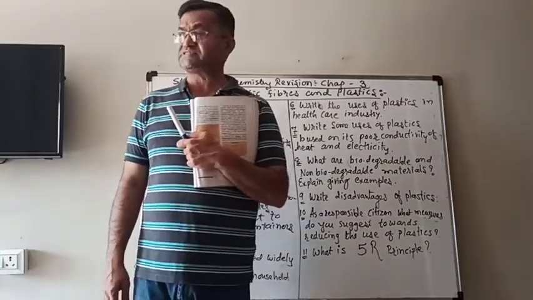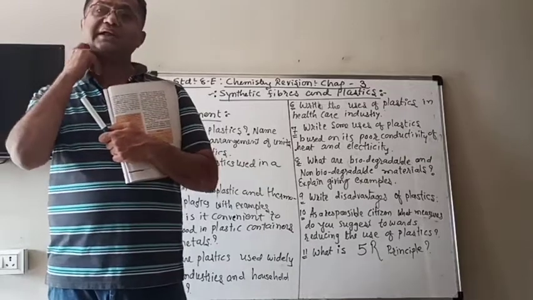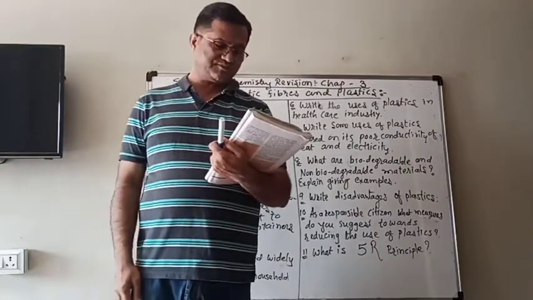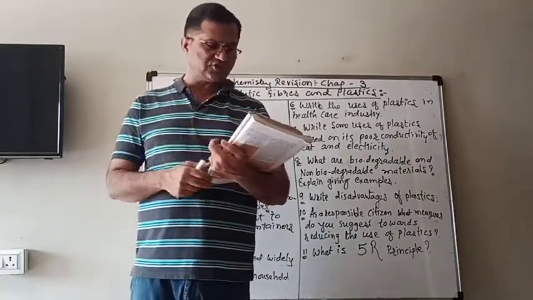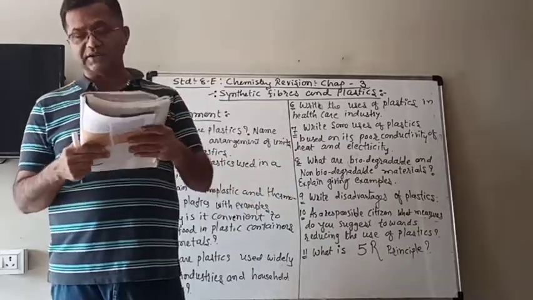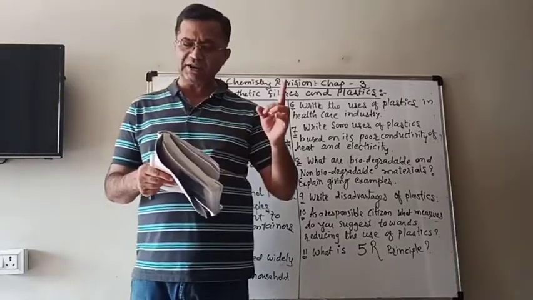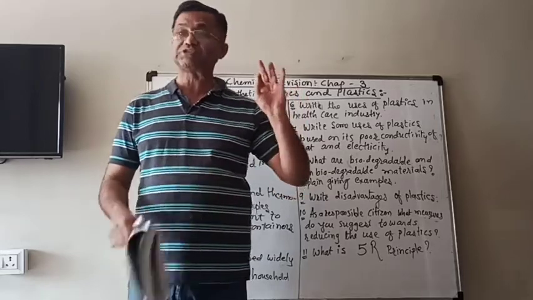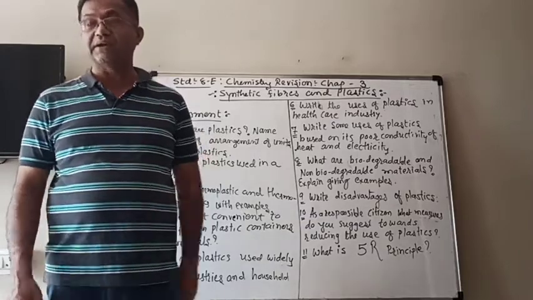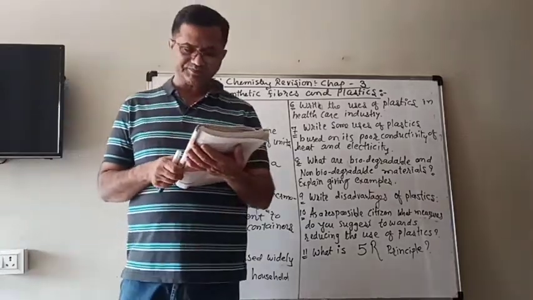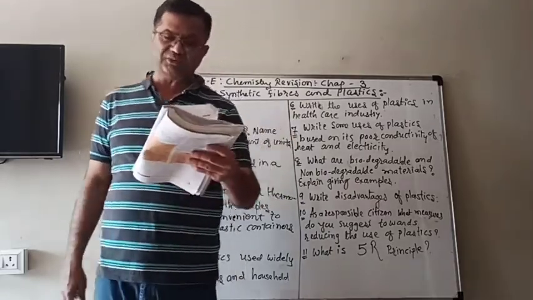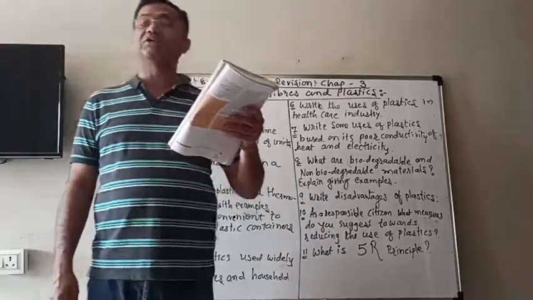So, those are the biodegradable materials. But some materials are such that they cannot be decomposed by natural processes, and therefore the action of bacteria is also not possible on them. So they are known as non-biodegradable material. So what is biodegradable material? Material which can get decomposed through natural processes, like action by bacteria, is known as biodegradable. For example, all the food items. But material which is not easily decomposed by natural processes is termed non-biodegradable.